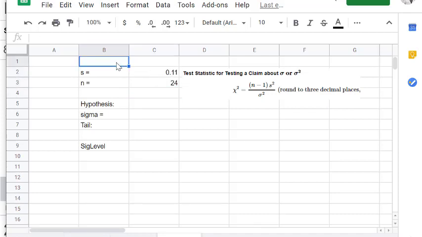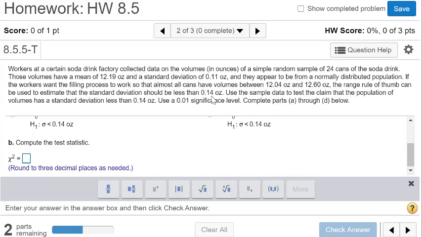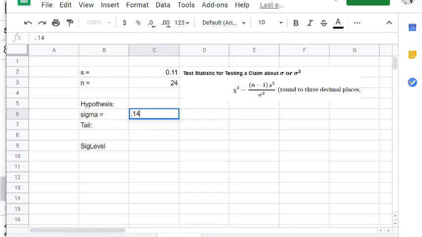Notice that we don't really need the mean because our formula here is only asking for n, s, and sigma. And sigma, as in our null hypothesis, is 0.14. And then they want us to use a 0.01 significance. Now the tail for this is less than, so when we have a less than, we're going to use the left tail.